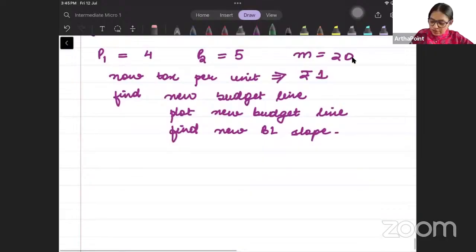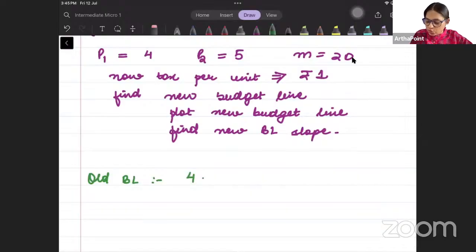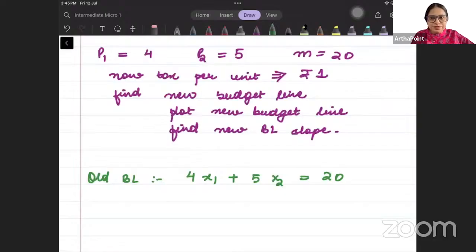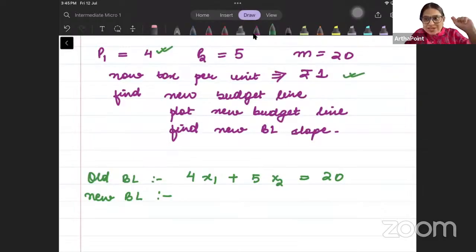Let's start beta. What will be your old budget line? P1 price of good 1 into number of units of good 1 plus price of good 2 into number of units of good 2 is equal to income of the consumer. है ना? This will be my old budget line beta. Okay, बच्चे, what will be your new budget line? New price क्या होगा? Per unit 4 rupees तो देने ही थे, but now per unit I need to pay this 1 rupee as tax also.